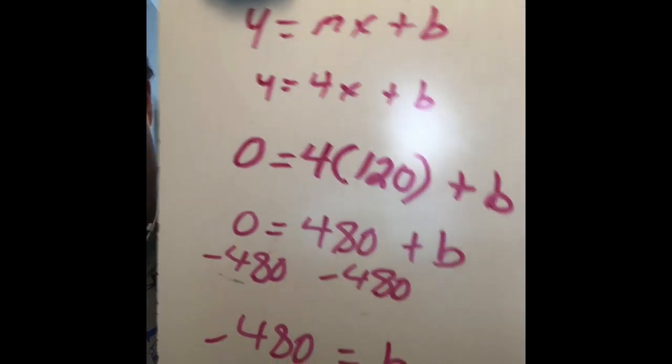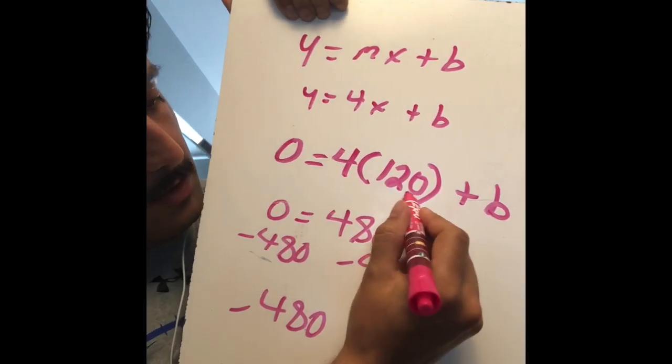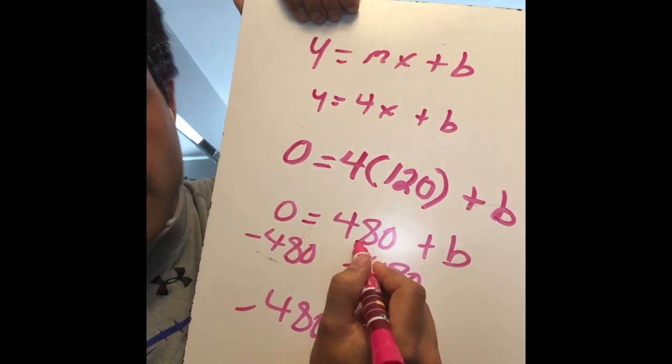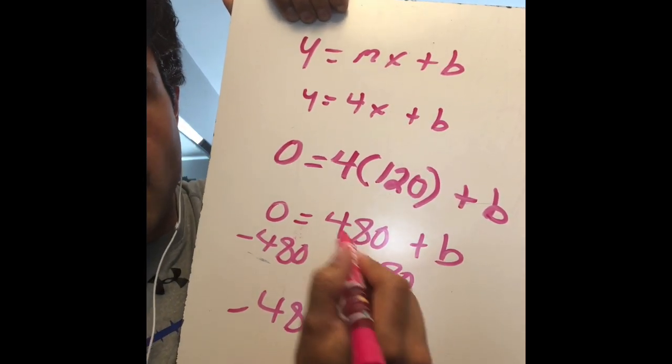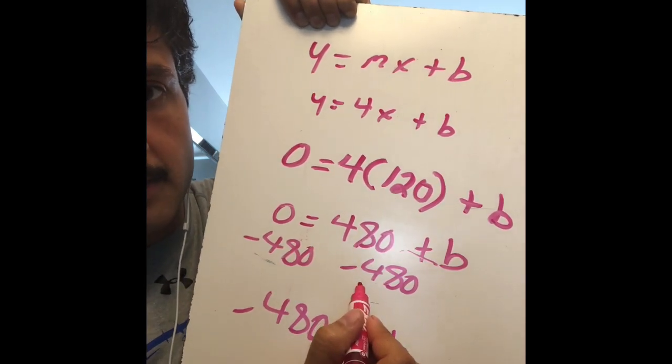Solve. 0 equals 480 plus b. To get rid of the 480, subtract 480 from both sides.